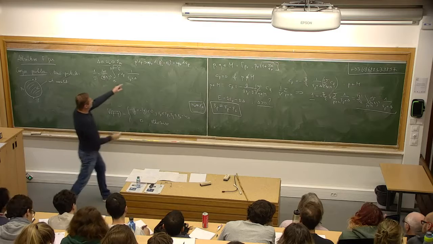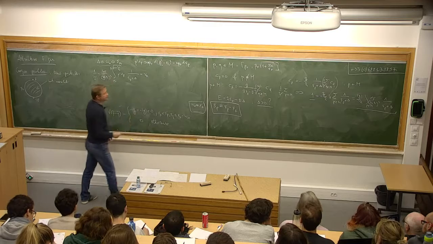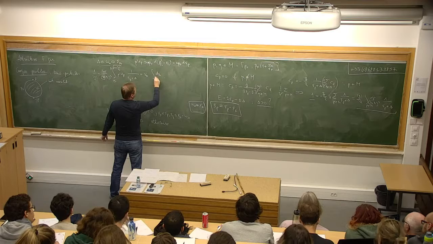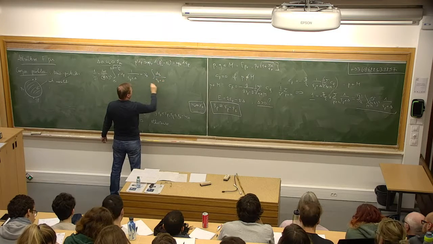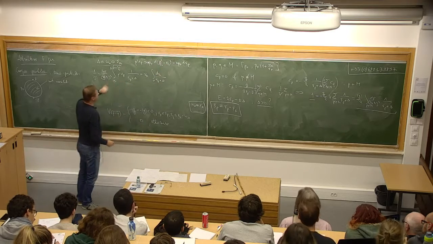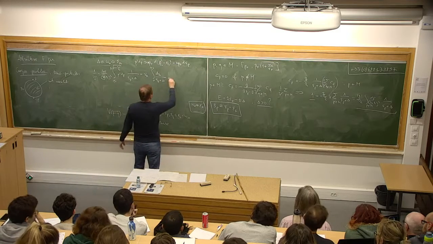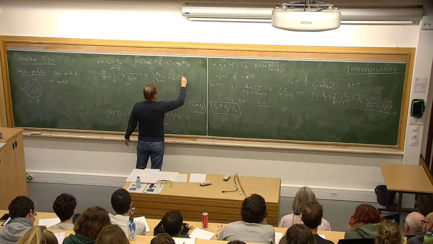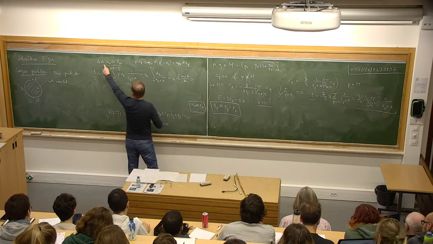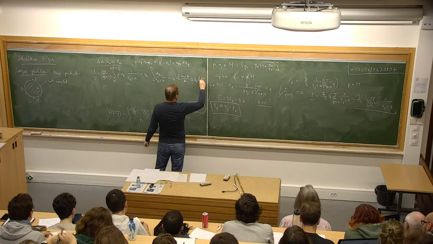In the end, this and this combine into the density of states at the Fermi surface, and then you have the integral d psi p divided by psi p plus delta from 0, the lower limit, to omega 0. And this is, of course, a log.